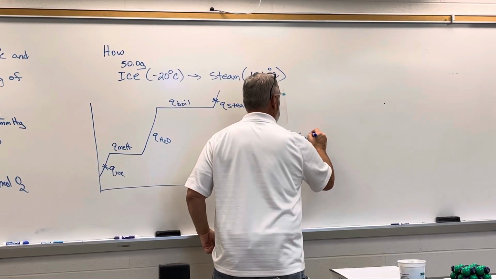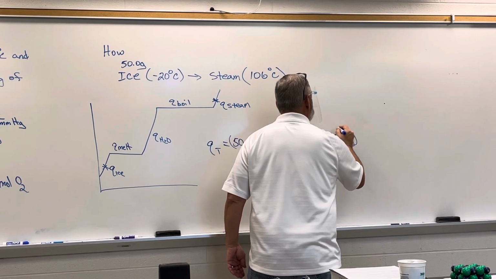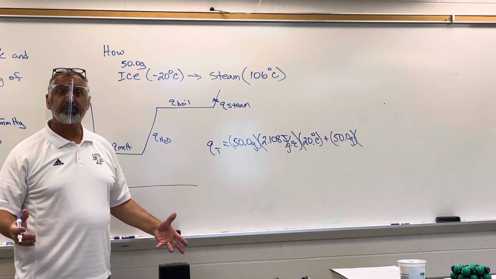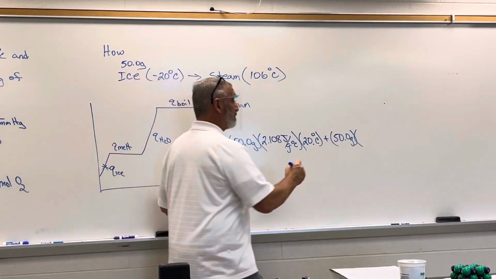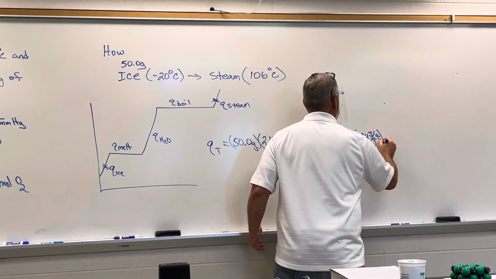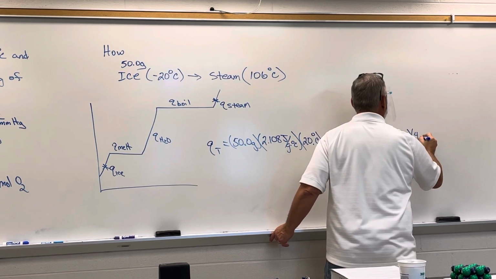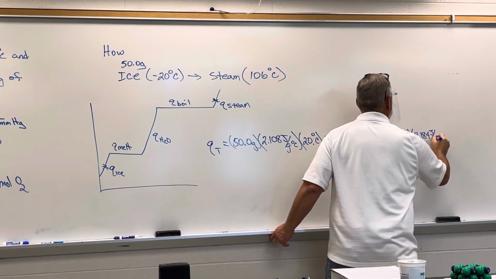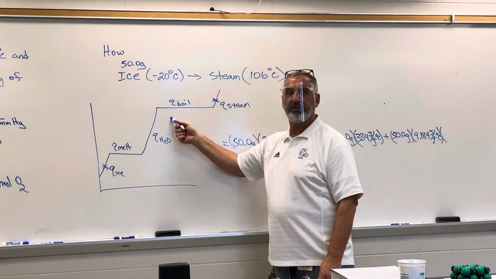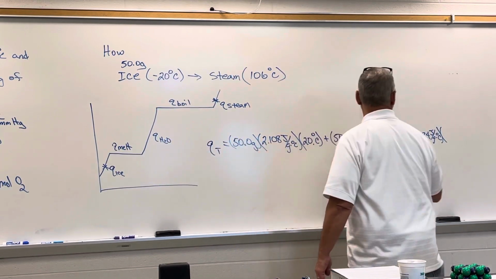Plus 50 grams times my heat of fusion. Now that heat of fusion is going to be given to you as well. It's 334, right? Plus the 50 grams times specific heat of water, 4.184, times what's the change in temperature of the water going to be? 100, because it's going from 0 all the way to 100.